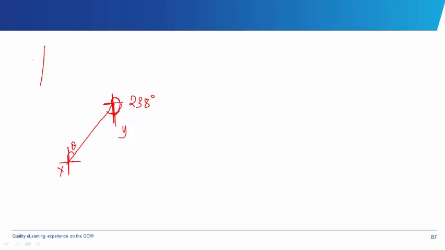So from our angles, you remember we said opposite angles are equal. This equals this, or this equals this. If you remember, then alternate angles like what we have here, this equals this.